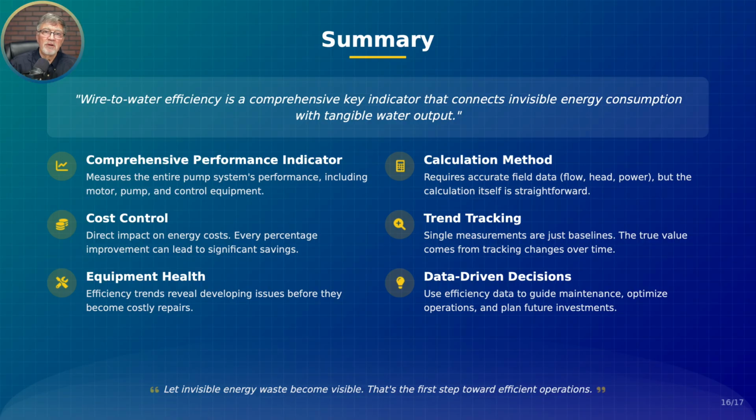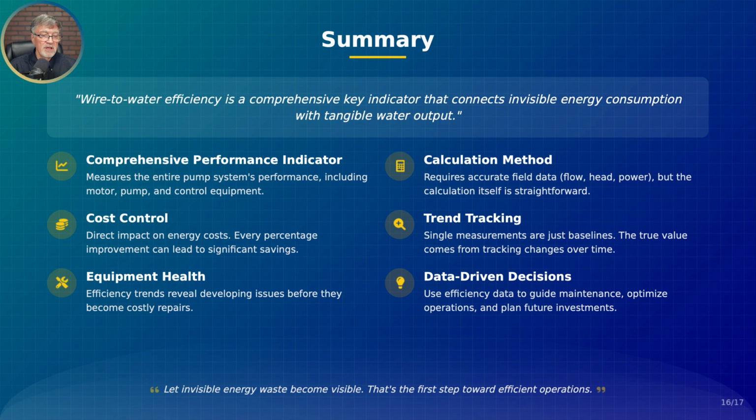That is the beauty of becoming a data-driven water utility, is you're going to see big jumps in productivity and efficiency that is going to translate into some real dollar savings. So, comprehensive performance indicator: wire to water efficiency measures the entire pump's performance, including motor, pump, and control equipment. It gives you cost control, so a direct impact on energy costs.